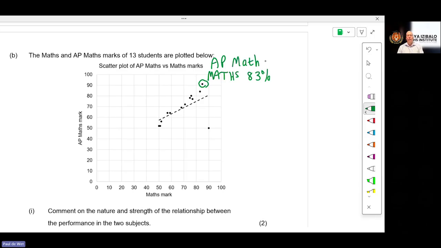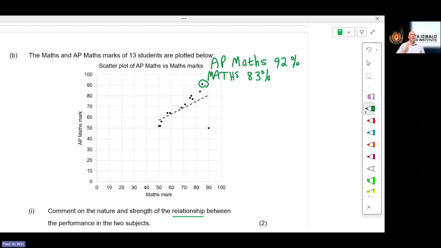What can you tell by looking at this graph about the relationship between these two subjects? Is there a correlation? Is it a positive relationship or a negative relationship? It's positive.